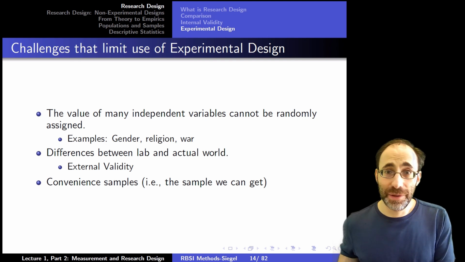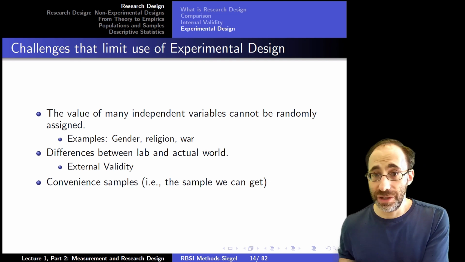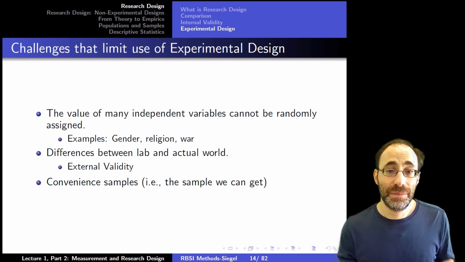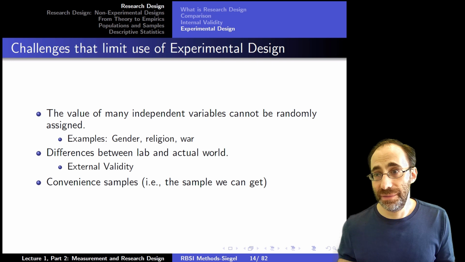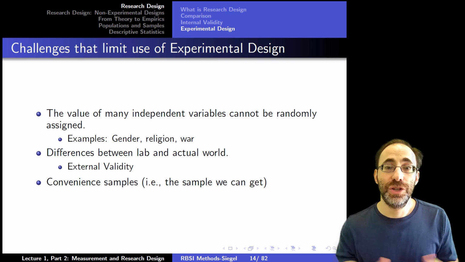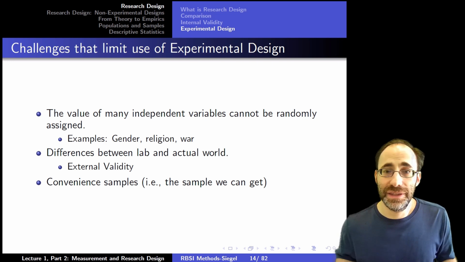This has been a frequent problem in the medical sciences in terms of gender, because primarily the lab tests had been on men, and they assumed that the effects of the medicines, of the treatments, were just uniform across genders, and they were not.